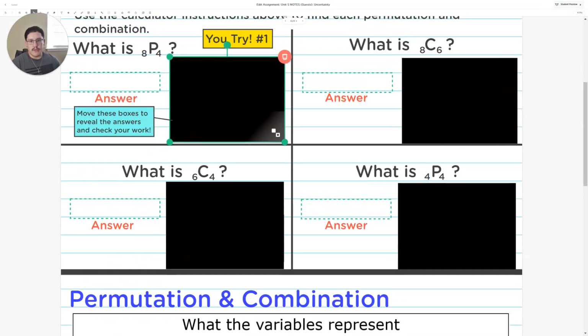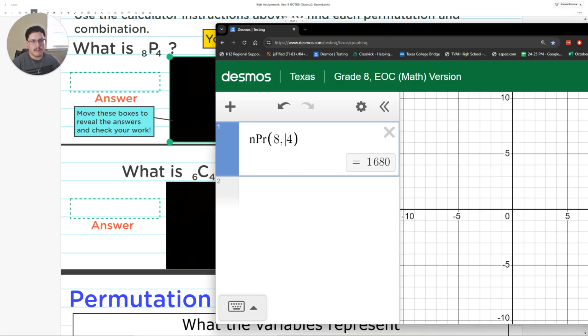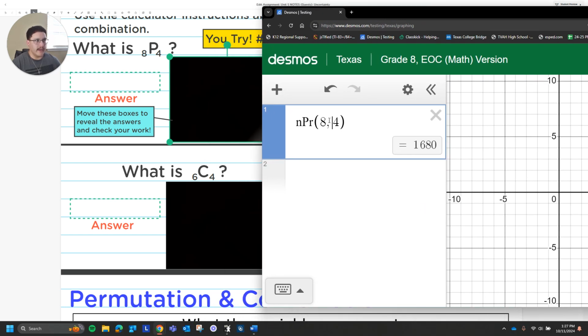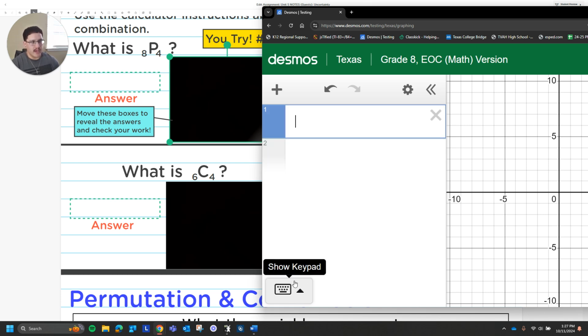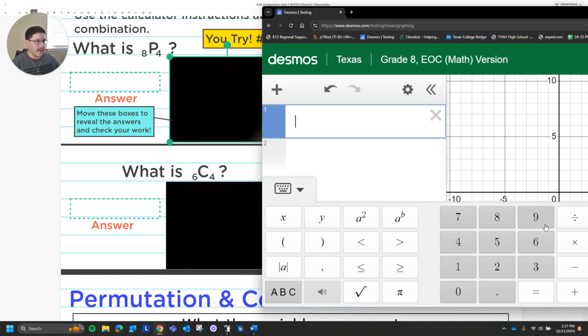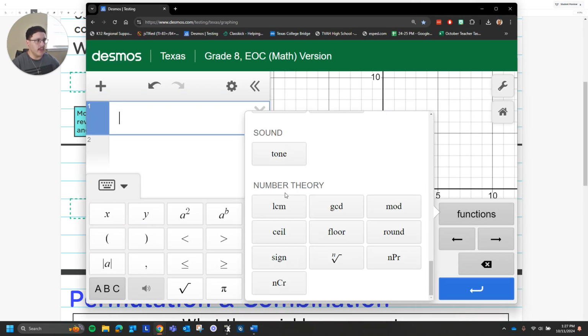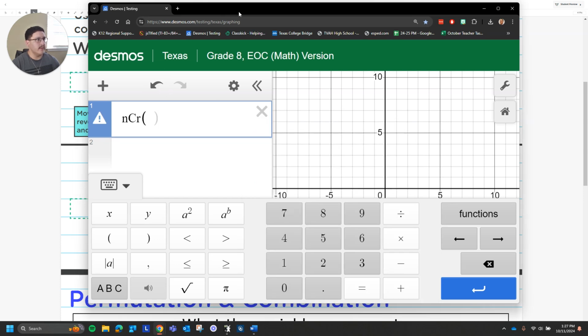Okay, and then I will use Desmos for this one, except I'll show you all a different way. Instead, you could just simply change the P to a C, but I'll show you all using the keyboard right here. So to find combinations, you're going to click on the keyboard, go to Functions, scroll all the way down, and you can find nCr right there for combinations.